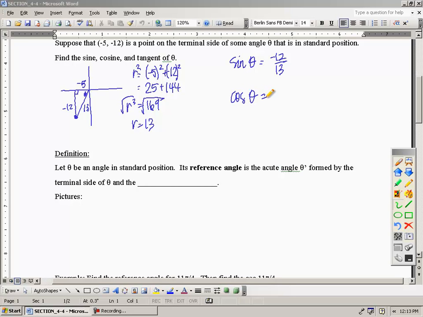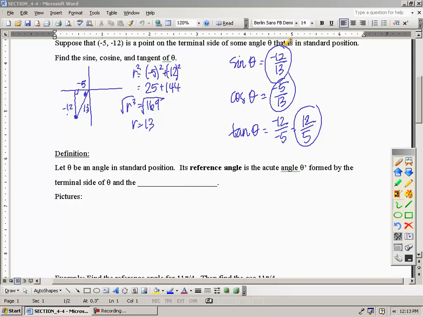The cosine of my angle is the adjacent side over the hypotenuse, so -5 over 13, sorry. And the last one, the tangent, is opposite over adjacent. -12 over -5, we want to write it as 12/5. So there's our three ratios.